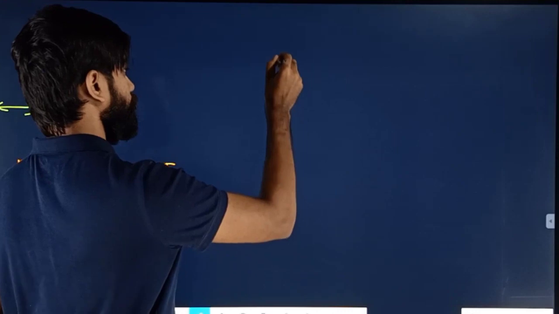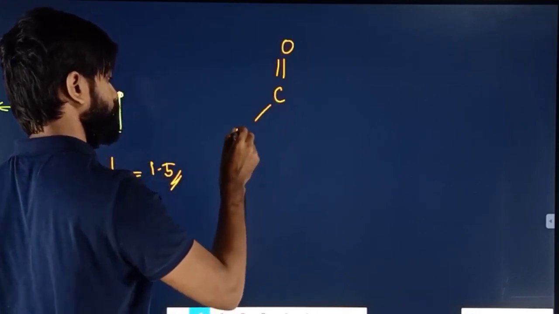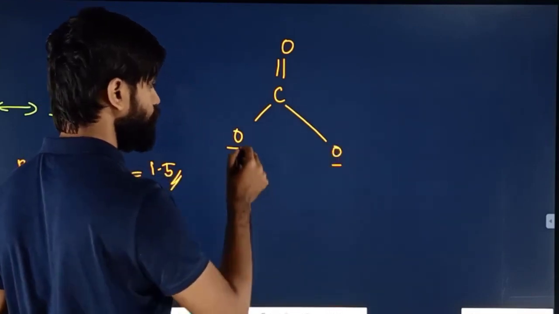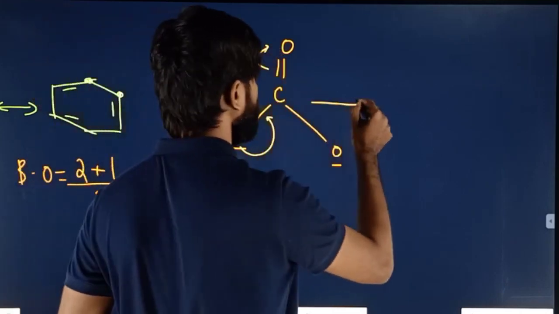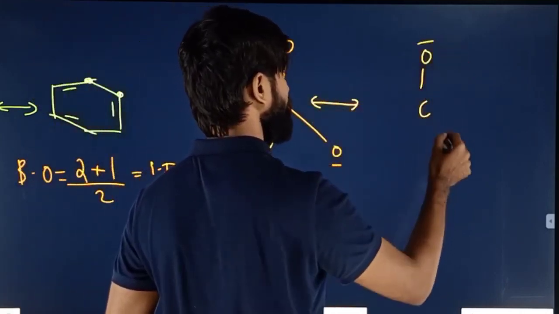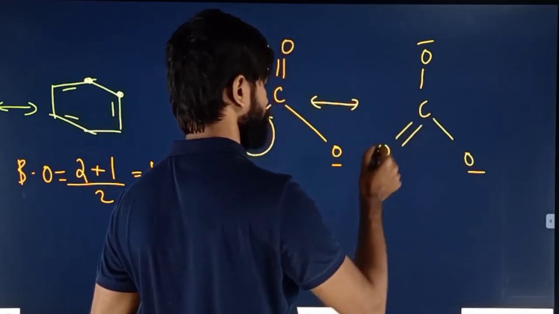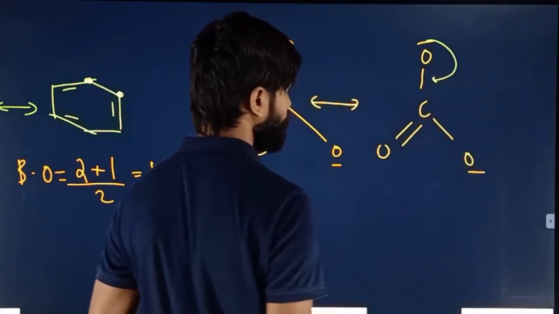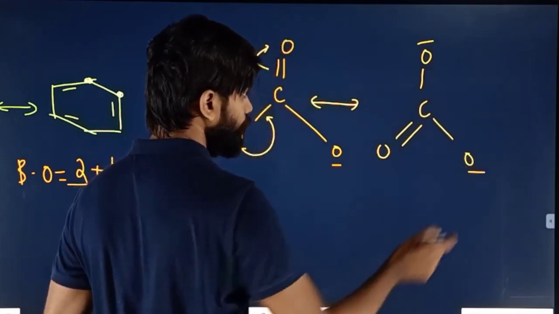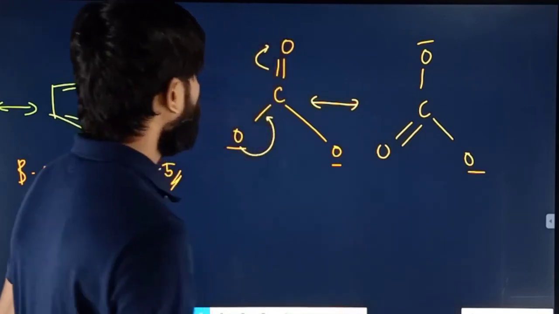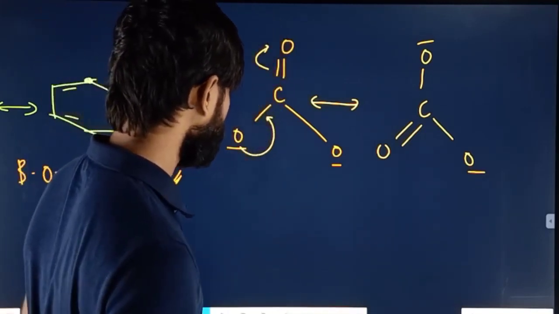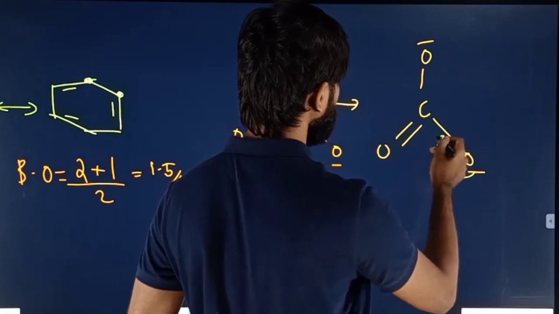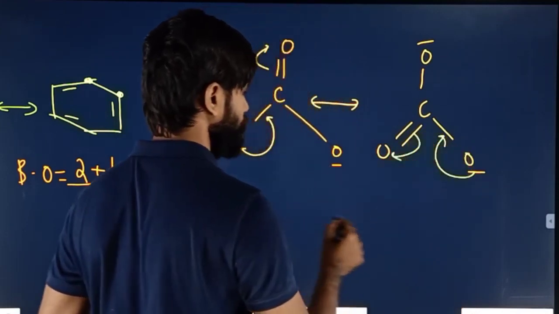Now, carbonate. We know this is a Lewis structure of carbonate, so it can show resonance. When this jumps to here, this may jump to here. So here will be the O minus, here will be the O minus, and here will be the double bond. When this jumps to here, this may jump to here.